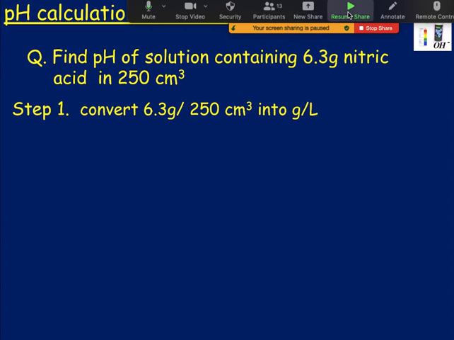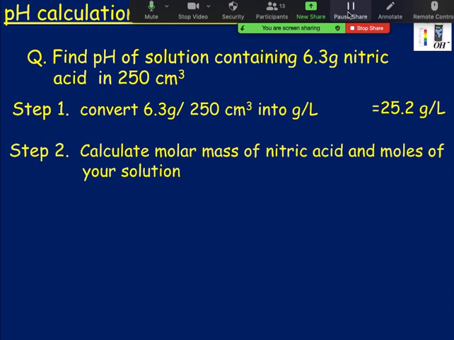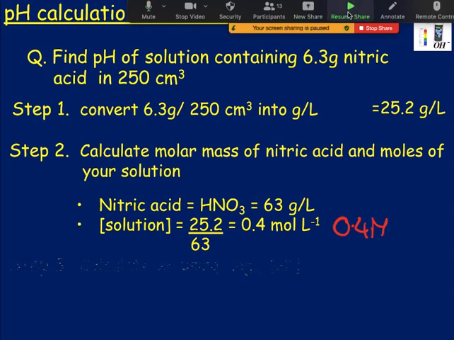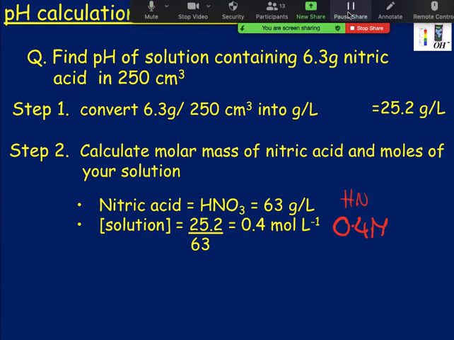Perfect. Okay, so I've just done it a slightly different way. I've converted the 6.3 grams into a litre first, and now I've found my moles. I've done it the opposite way, but either way is going to give me the same answer. So my final answer here is 0.4 M, and that is my HNO3.